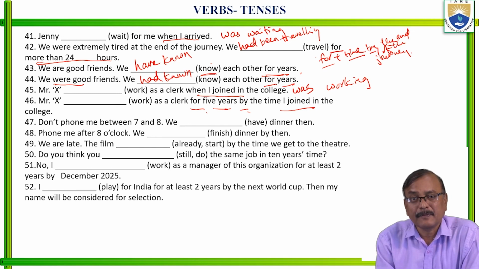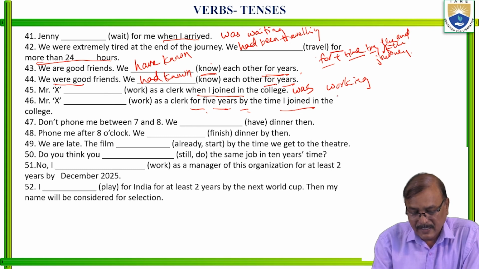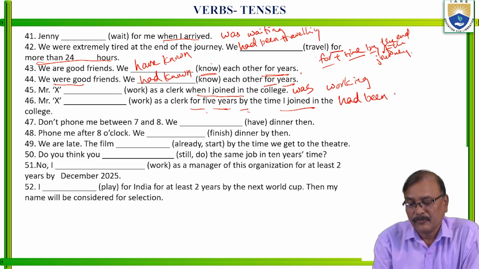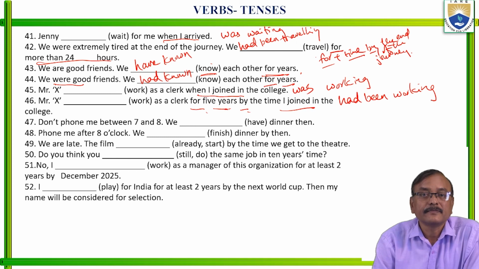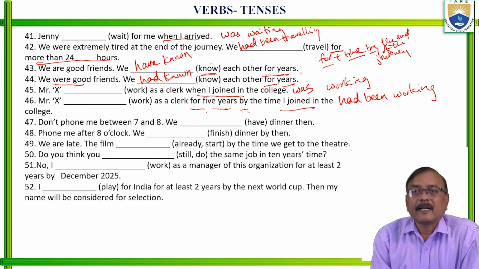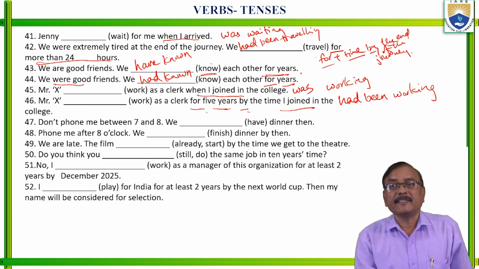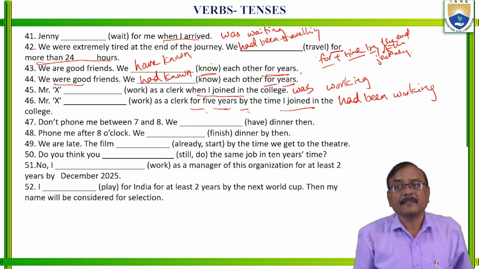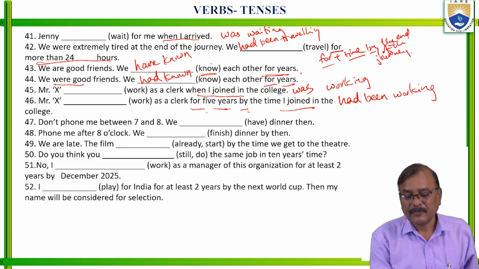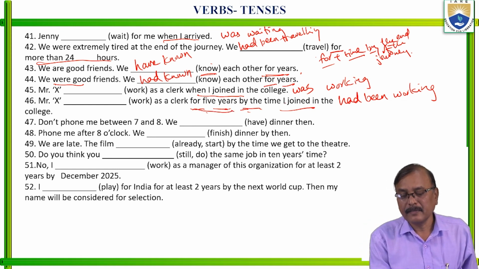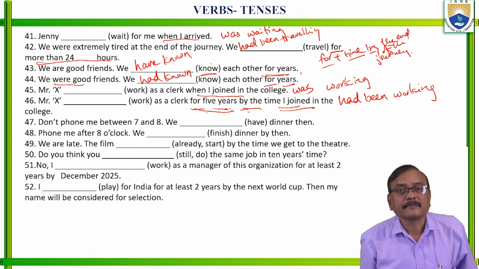So here, had been working. Is it clear now? Mr. X had been working as a clerk for 5 years by the time I joined in the college. The hint is for plus time by past. Okay?